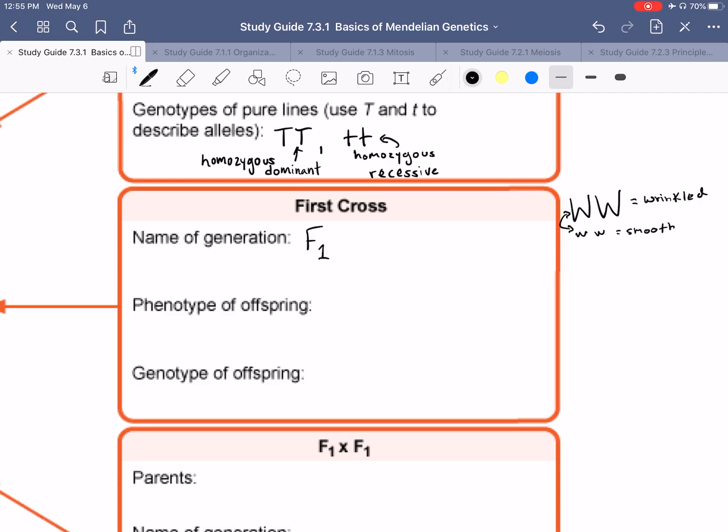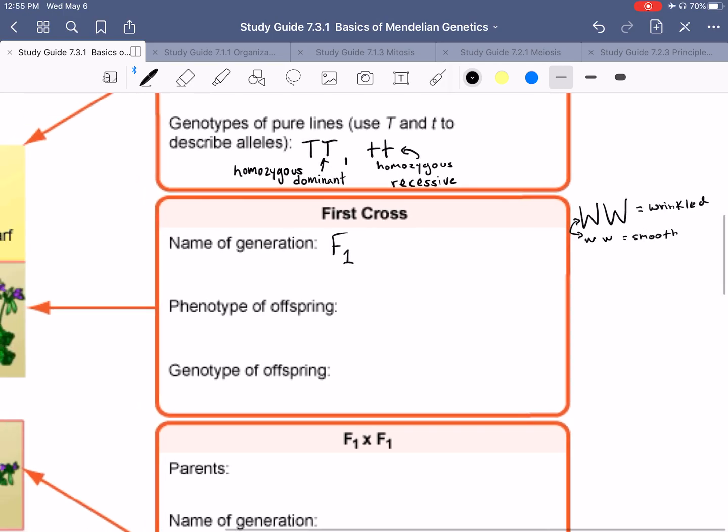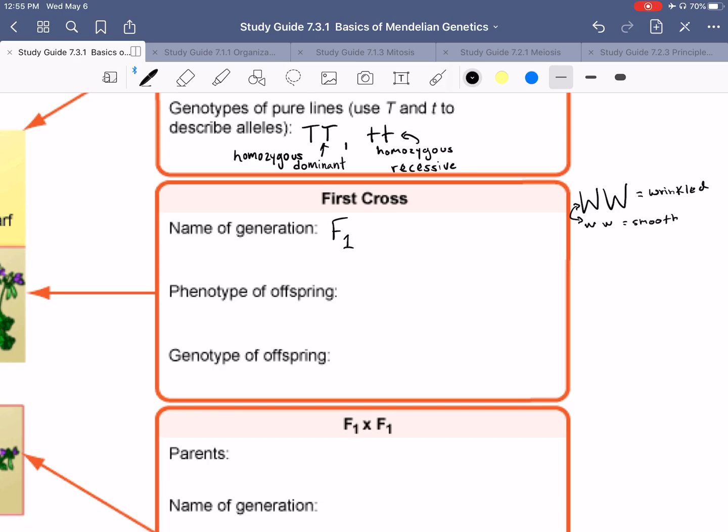All right, our next cross, let's fill this out. First cross, the phenotypes, they were all smooth. And the genotype, well, let's think about this. For the wrinkled, we might want to switch these around actually.